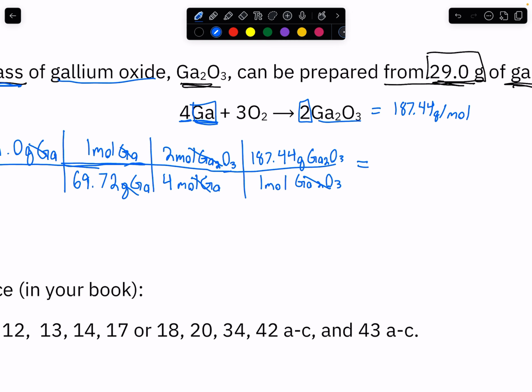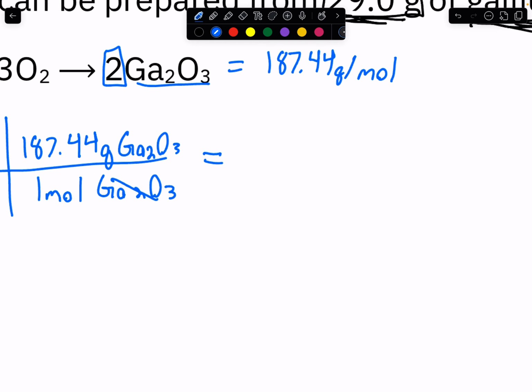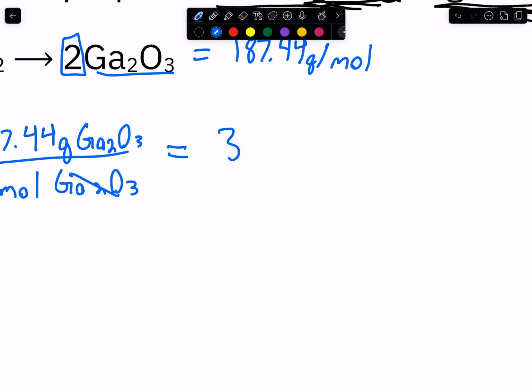So if we calculate all this, we are going to get approximately 38.98 grams of Ga2O3.